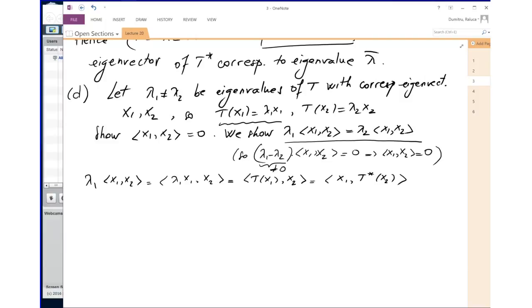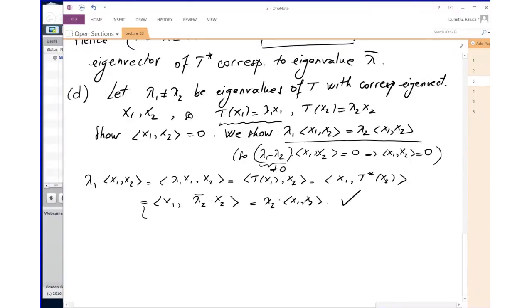Now x2 was an eigenvector of T. Because T is normal, it is also an eigenvector of T star, right? With corresponding eigenvalue lambda 2 conjugate. So this is now x1 inner product with lambda 2 conjugate times x2. Lambda 2 conjugate goes out from the second entry as a double conjugate, so back to lambda 2. And that's what we needed.